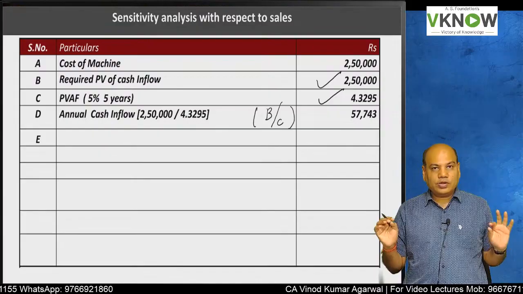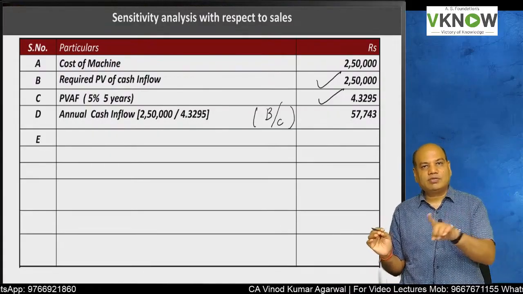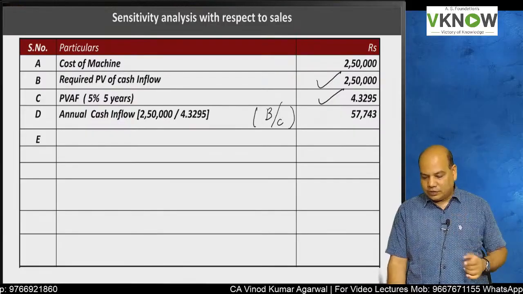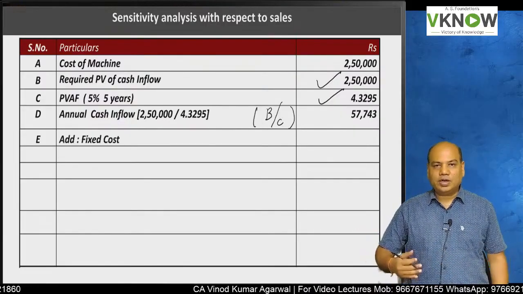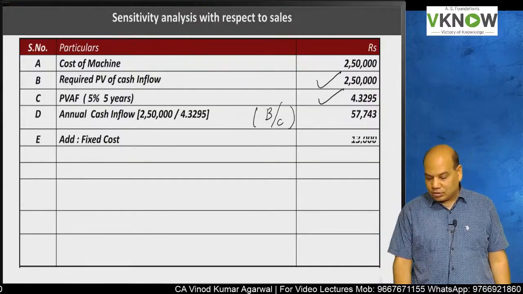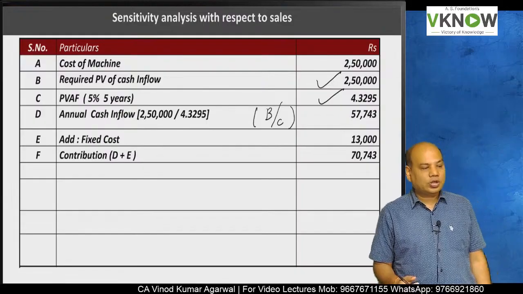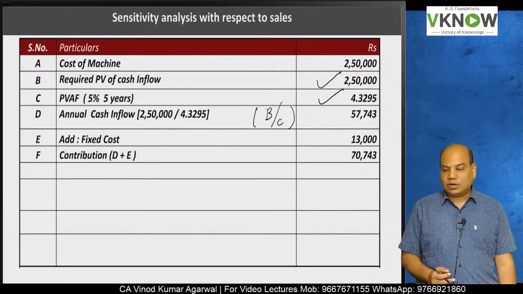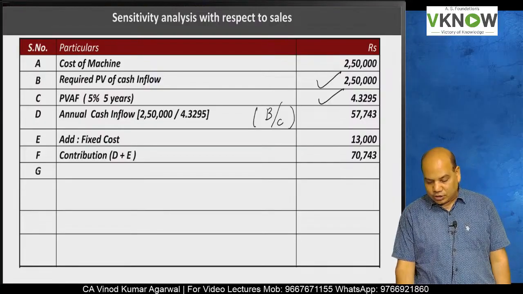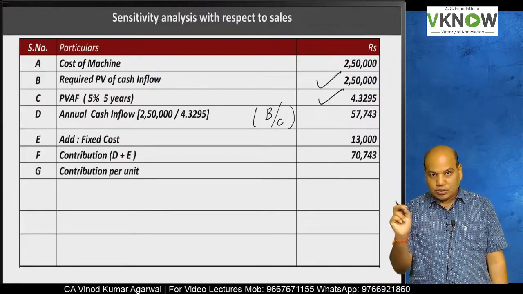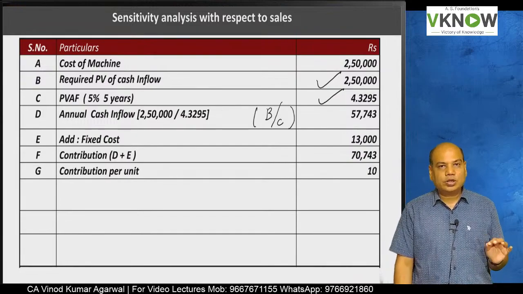Annual cash inflow is arrived at by calculating contribution minus fixed cost, relevant fixed cost. So if I add back that fixed cost of 13,000, I will get annual contribution required, which is 70,743.